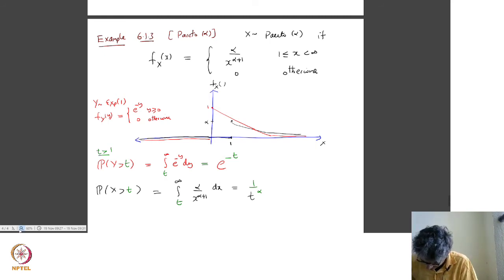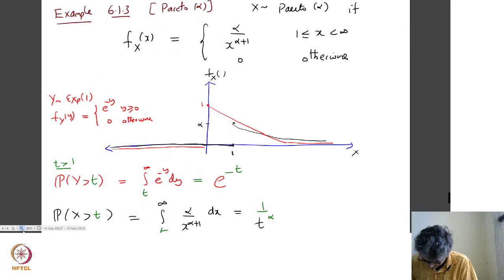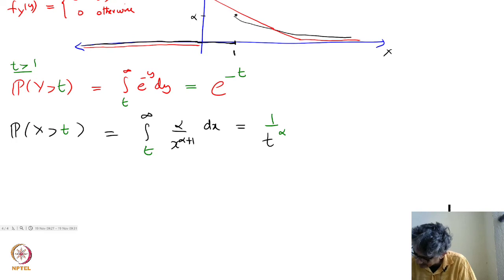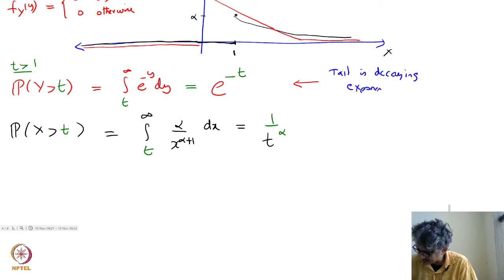Just to make that precise, I'll write a couple of words. Here the way you identify this is that the tail is decaying exponentially, because it's like exponential functions. And here the tail is decaying polynomially.